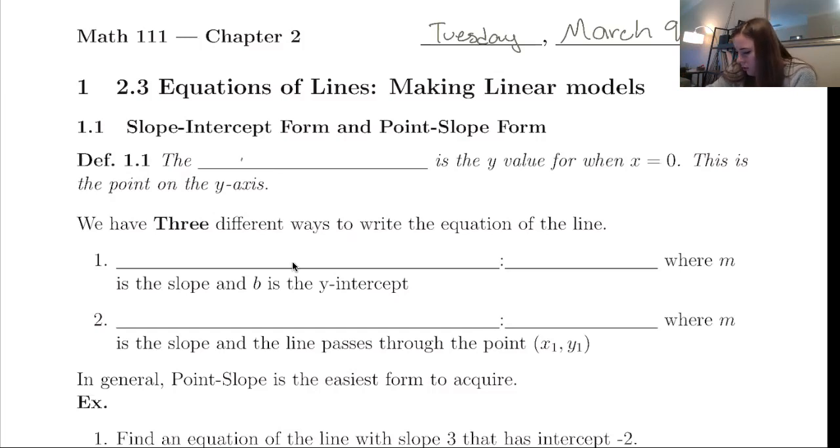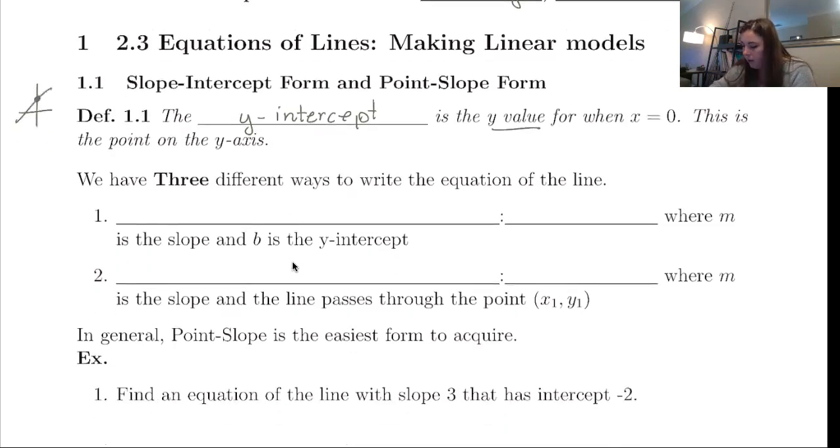So instead of initial condition, we like to call it the y-intercept. It intercepts the y-axis. It's the y value, not the point, for when x equals 0. So when I say it's a point on the axis, I mean it's that guy right there. That would be where my y-intercept is, okay? I think we're all pretty familiar with that.